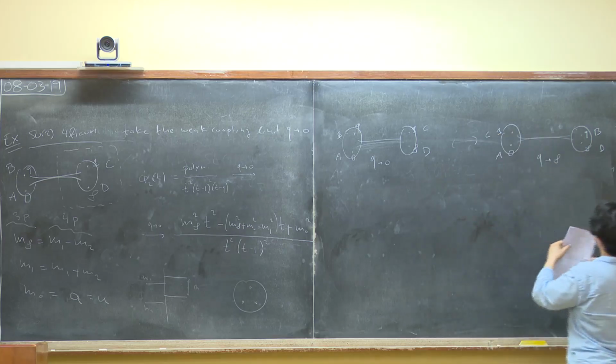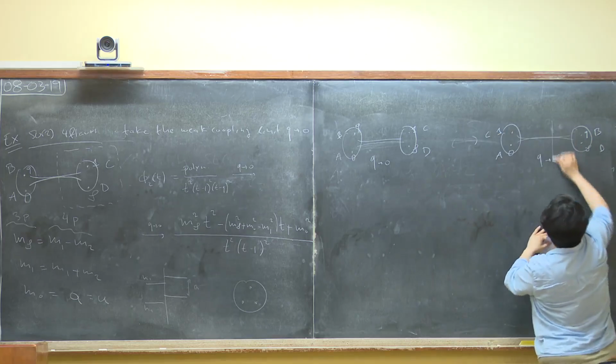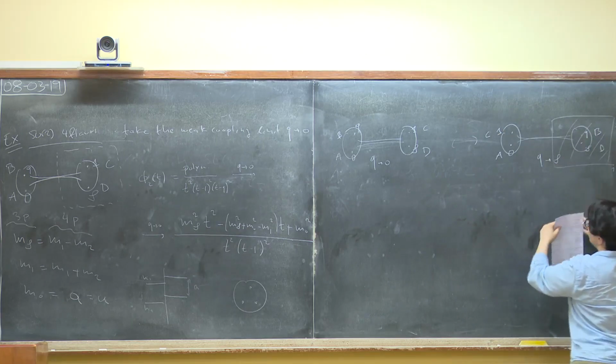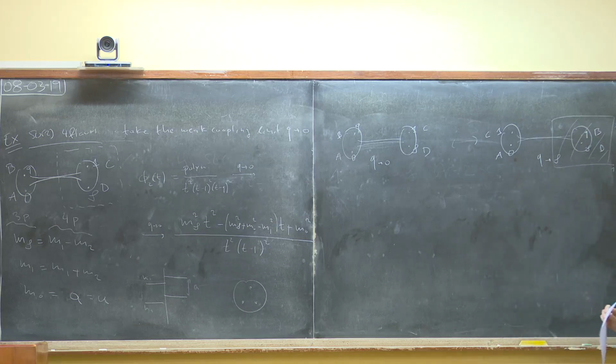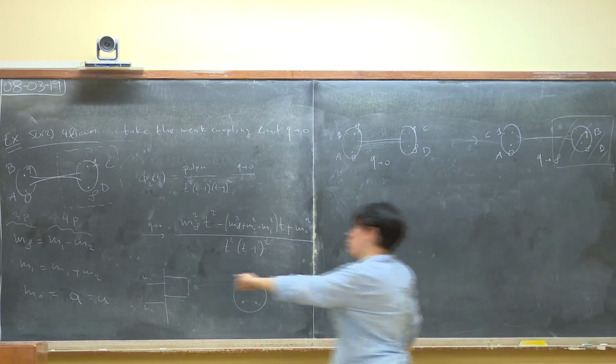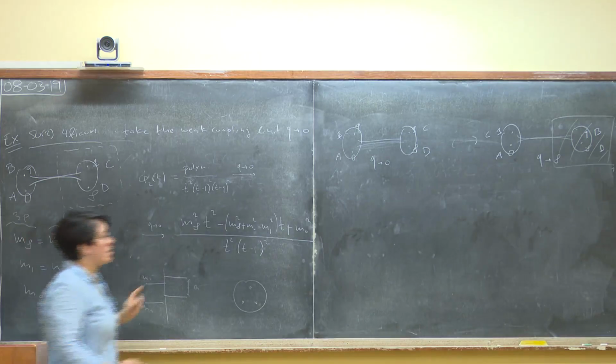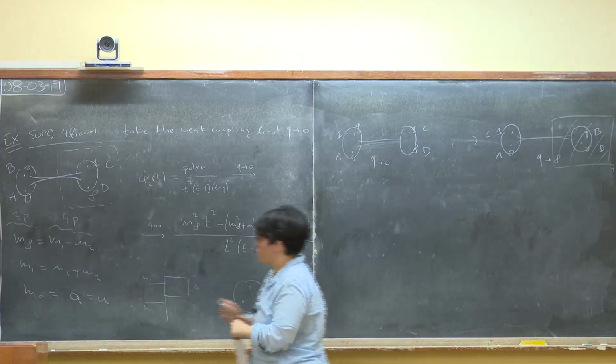And what you do when you take this limit is that you lose this part of the curve, and you end up with this part of the curve. And you can again explicitly go to your Mathematica file, put q to infinity, and you will get precisely this. It's just that this formula that I have here will be with M3 and M4, and maybe a minus here or something.